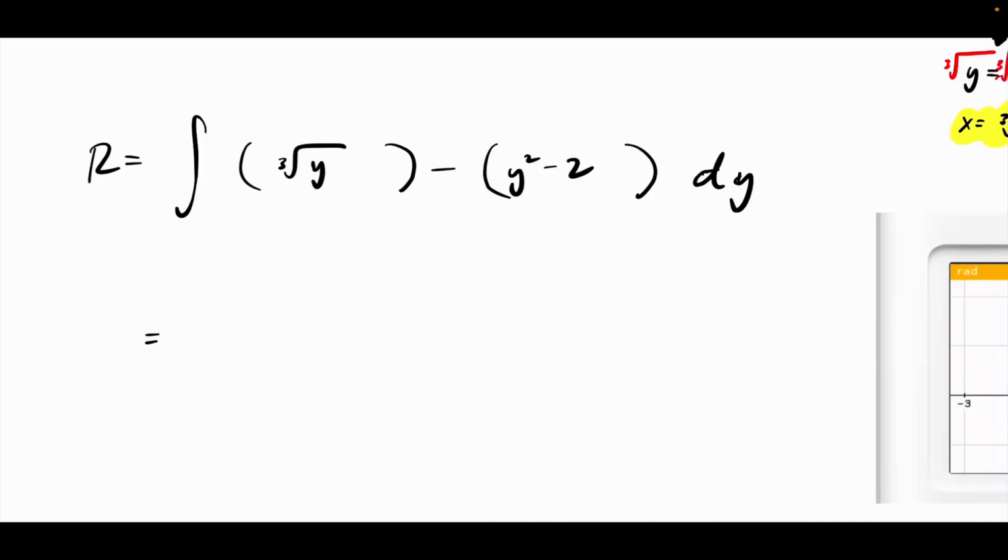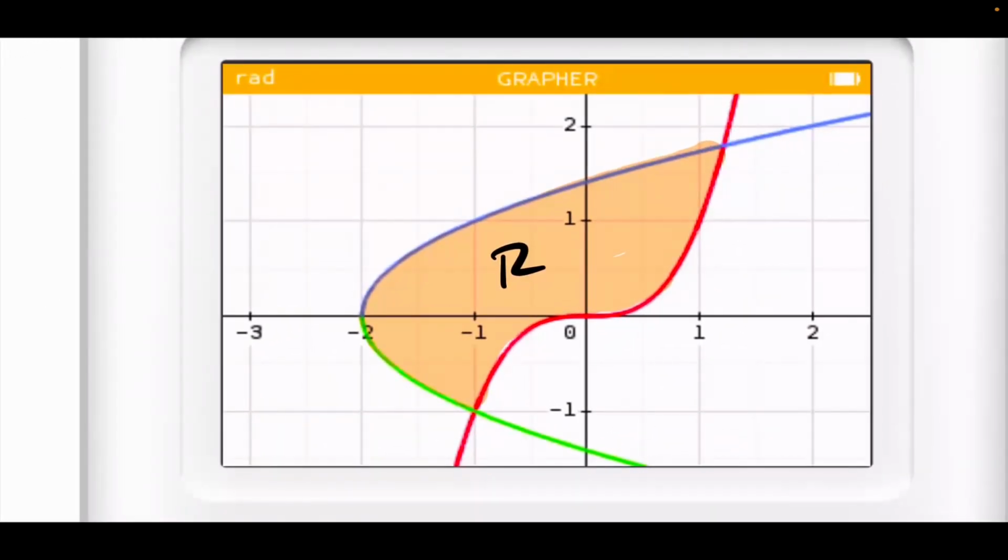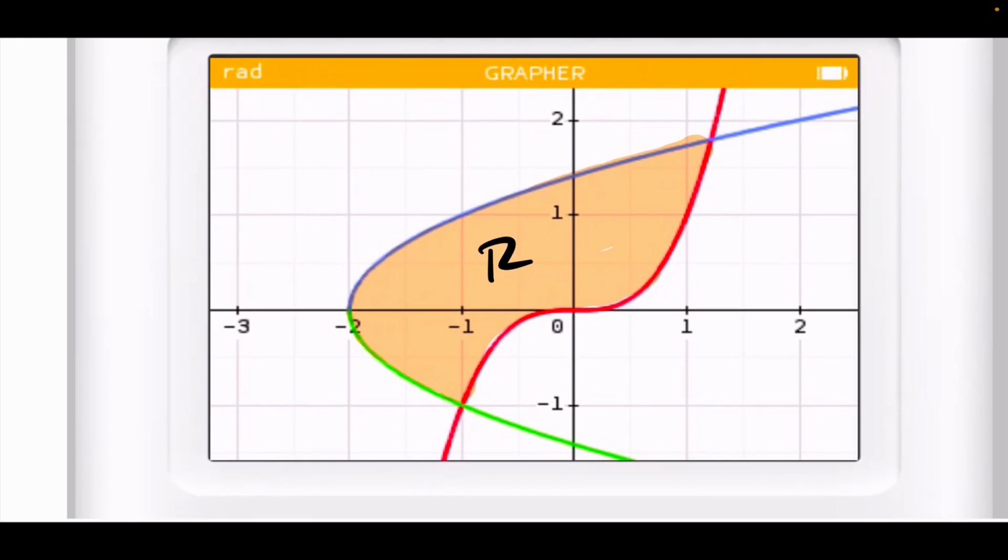Okay? Last thing to do, very last thing, is the top and the bottom bounds. The top bound looks like it's here. The bottom bound looks like it's here.